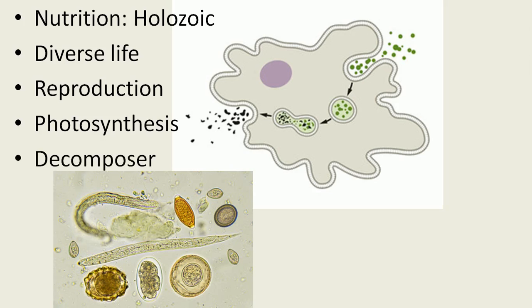And the last one, very important for the protistan group, is that they also act as decomposers. That means they participate in the degradation of different materials, and therefore they are also important to maintain a clean environment.